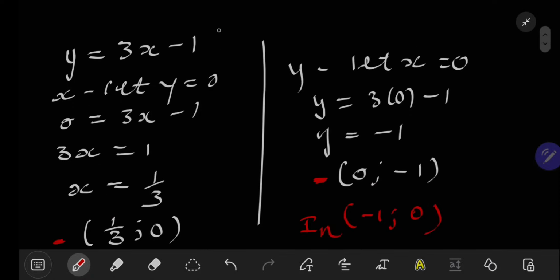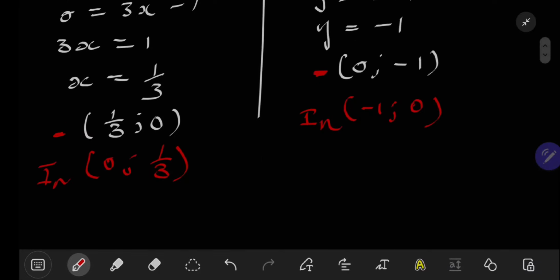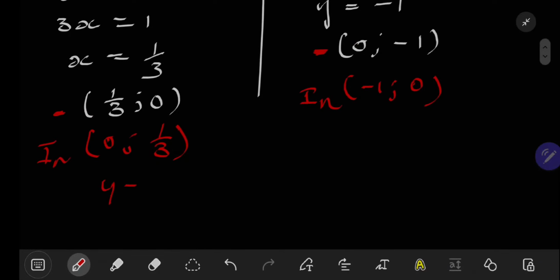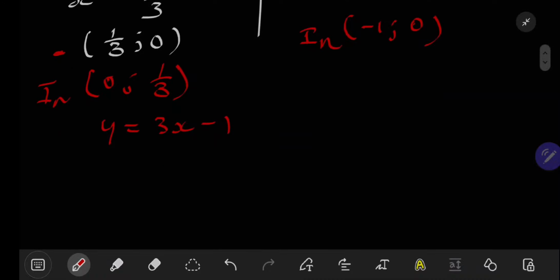If we were to determine the equation for our inverse function, we have our graph, which is y equals 3x minus 1. To determine the equation of the inverse function, we swap our x and y values. Where we see y, we put x, and where we see x, we put y. We interchange them.